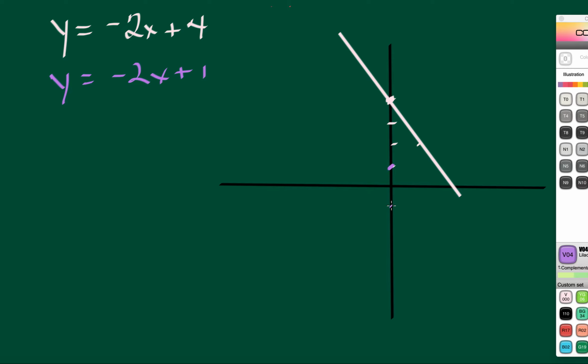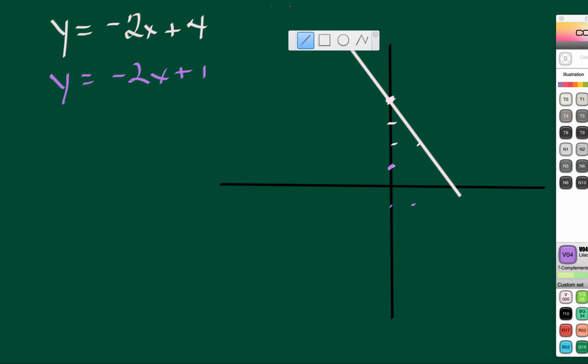And we go down 2 and over 1. There we go. Now we're going to graph that line. Find the line, cut right through it. It's pretty close to parallel. I had to use rough drawing, and those are parallel.